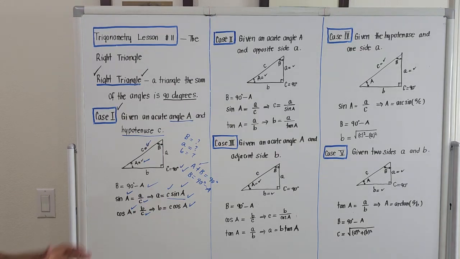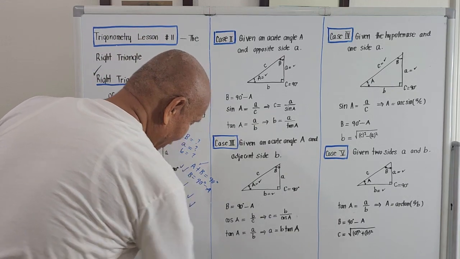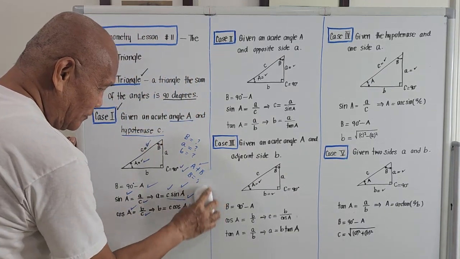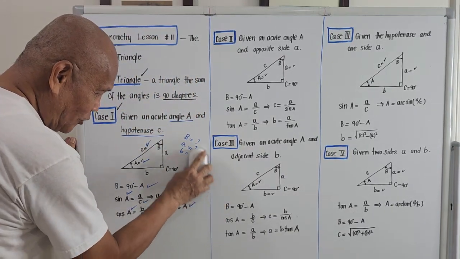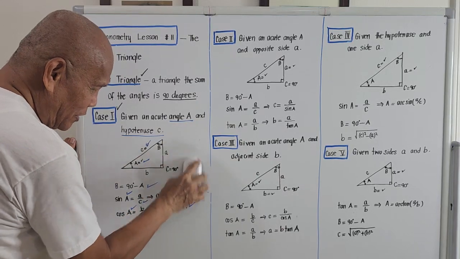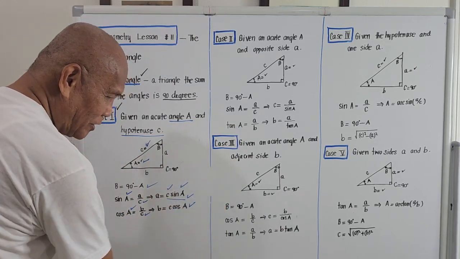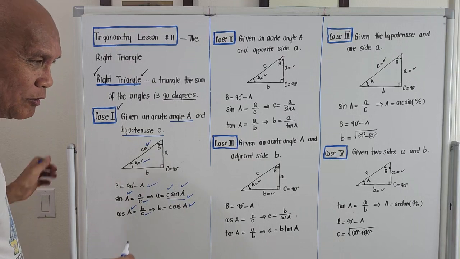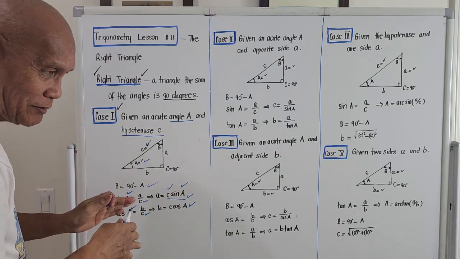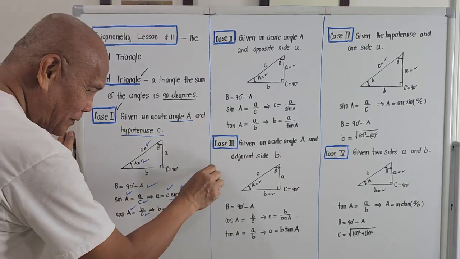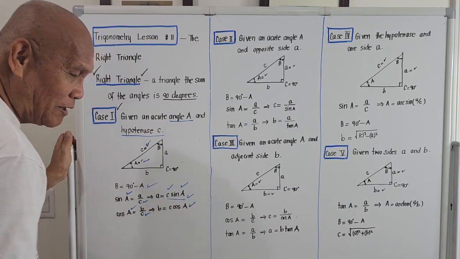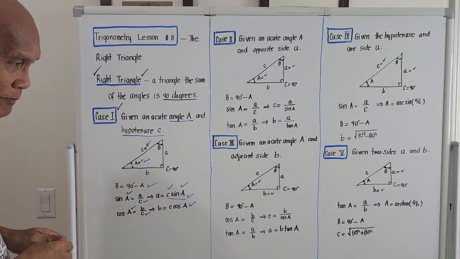Okay? We got all the parts already for the right triangle, so we solved the problem. To solve for the unknowns, just think of the relation of one unknown with respect to the other given part, and apply your knowledge of the definition of trigonometric functions.